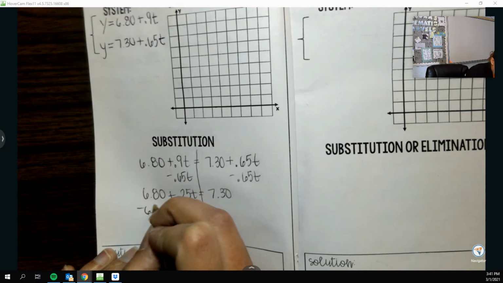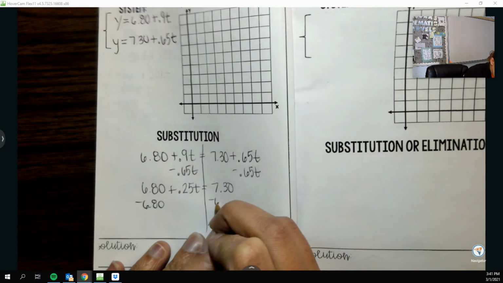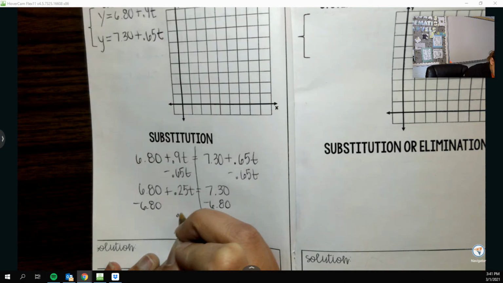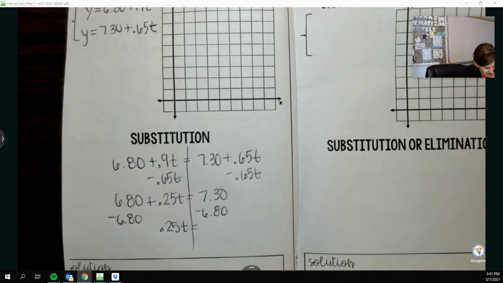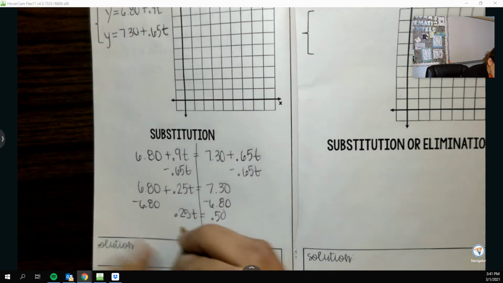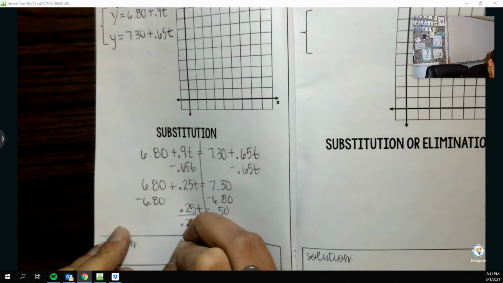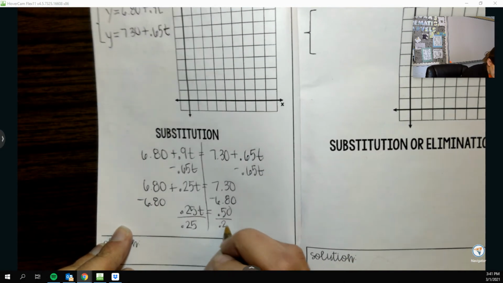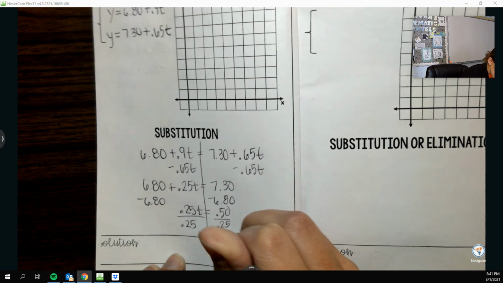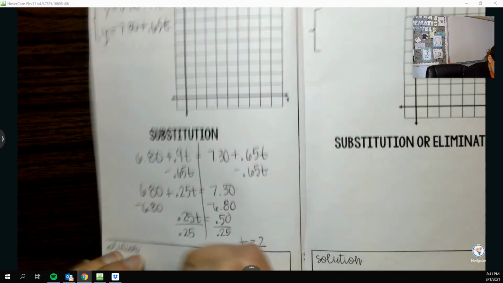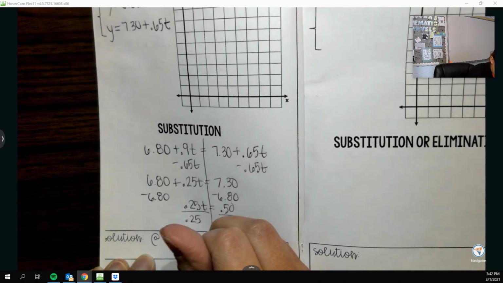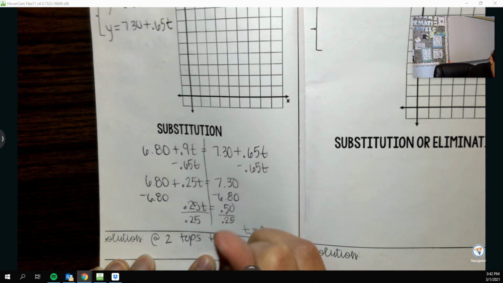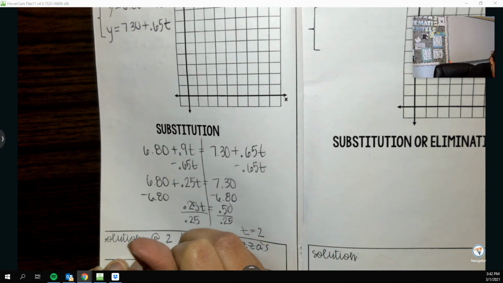I'll subtract 6.80 from both sides to get t alone. So I'll have 0.25t equals, what is that, 50 cents? Yeah. And then divide by 0.25, and that's going to go 2 times. So at 2 toppings, the pizzas cost the same.